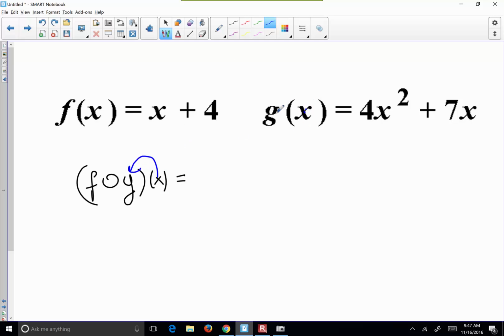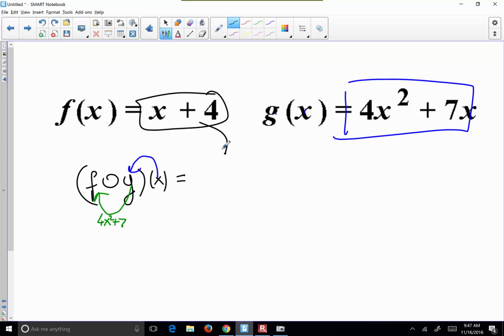If x is sent into G, what comes out is 4x squared plus 7. So 4x squared plus 7 is going into F. Now take the F formula here, because if x is going in, this is coming out, but it's not x going in anymore. Who's going in?